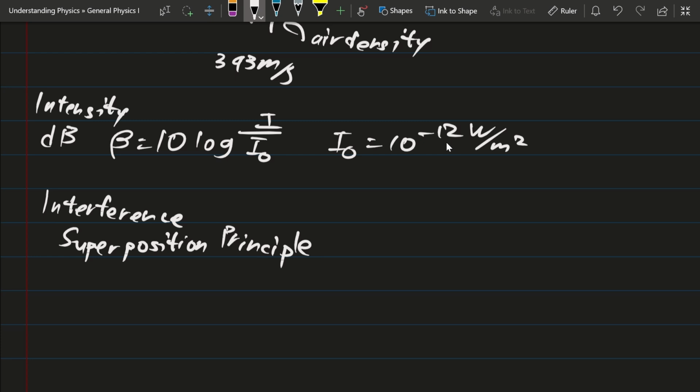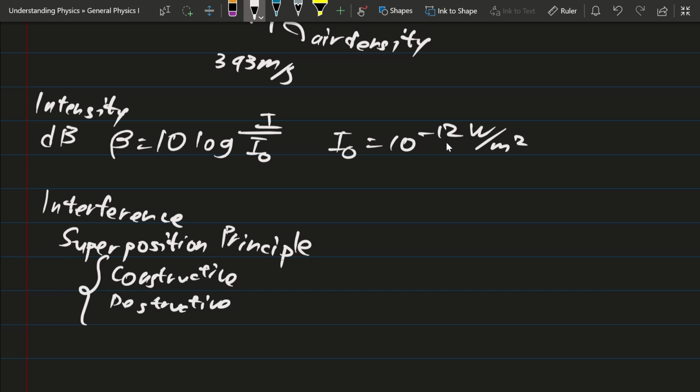Using the superposition principle, there could be two types of wave pairs, I should say. There's constructive and there's destructive.